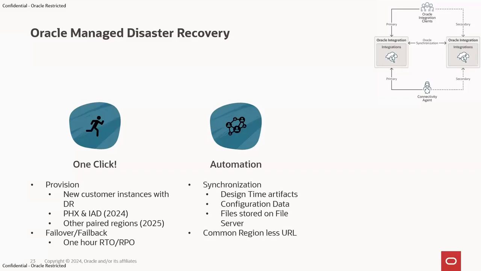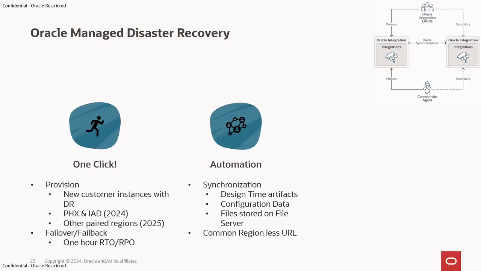So all are taken care of for you. All the message traffic is automatically forwarded to the correct instance. And all messaging is bidirectional, meaning you can fail over from one instance to another and back.